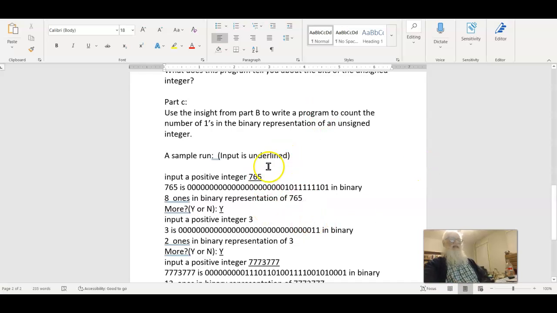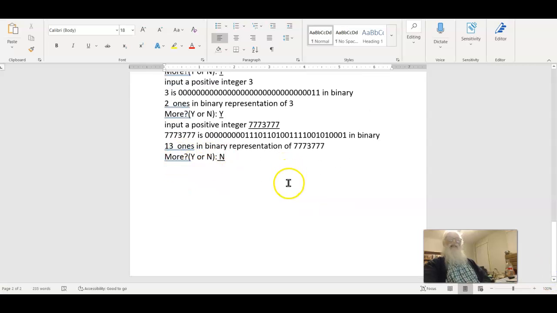For example, 765 is represented by this ugly number, and if you count it, there should be 8 bits in it. 3 is represented by a much prettier number, and there are 2 ones in it. Then again, I have another number, and I have how many bits it has in it.